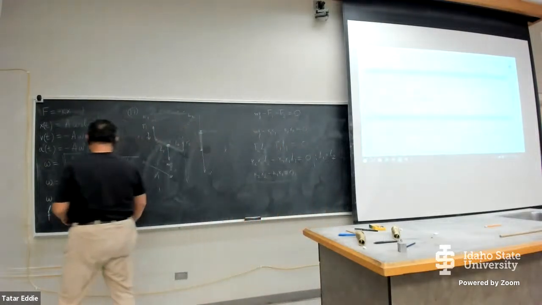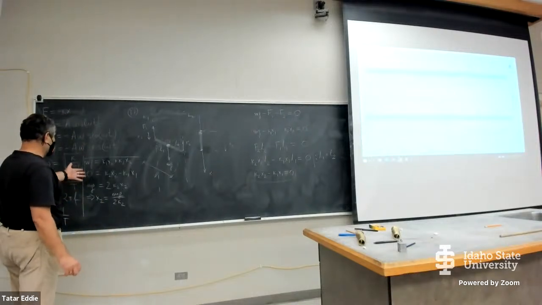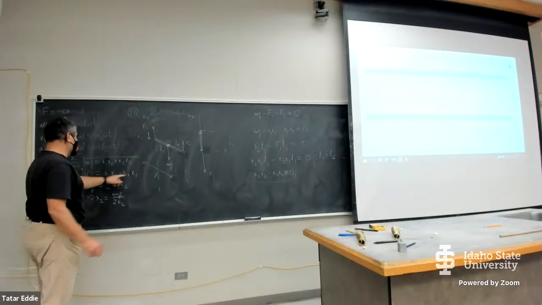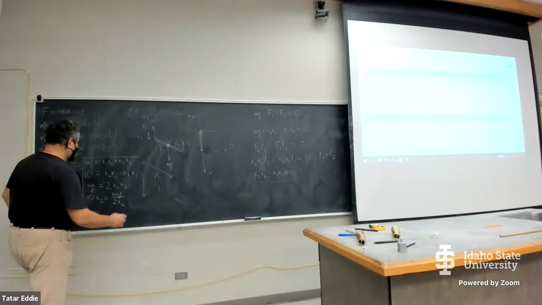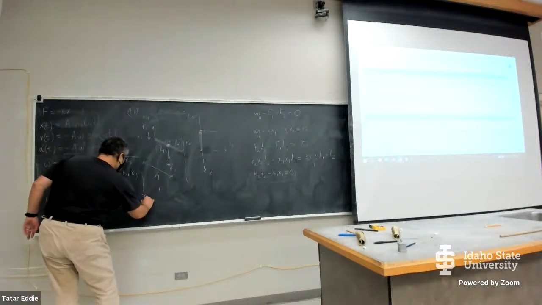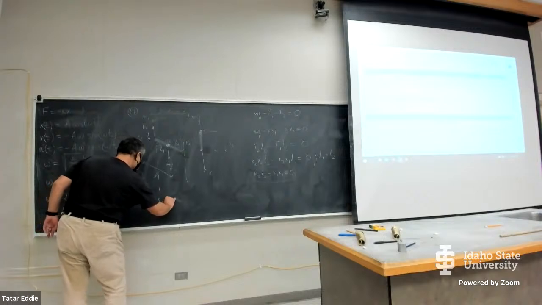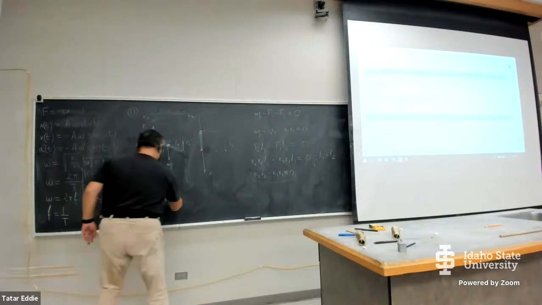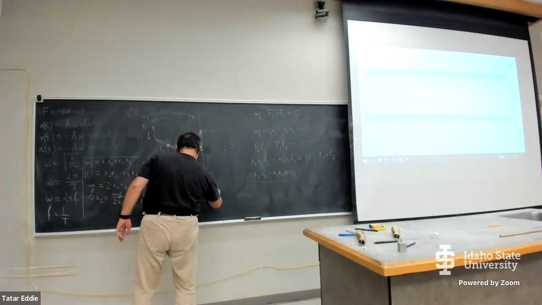Once I have this distance, I can substitute in one of the other equations and find x1. So for example, I can take this equation and write it like this: k1 x1 is equal to k2 x2. Therefore, x1 is k2 x2 divided by k1.